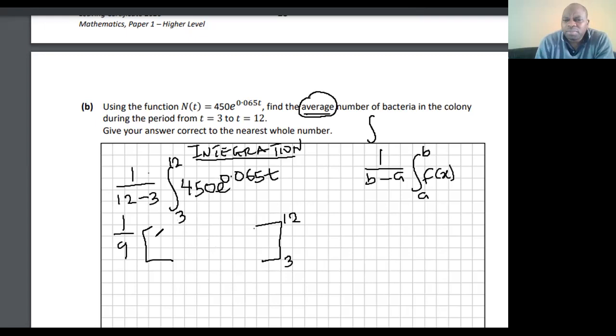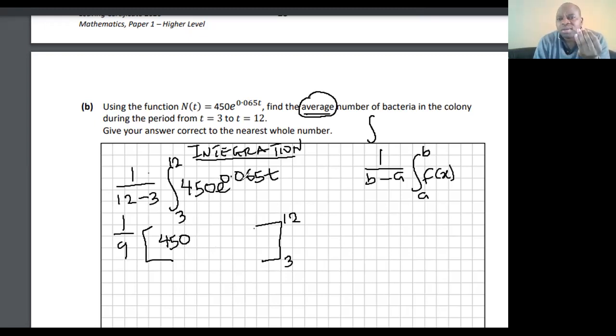First and foremost, leave the constant 450. Let's leave that out of it. You are integrating exponential 0.065t. In integration, I always remind my students that first and foremost, you need to relax, take a deep breath.